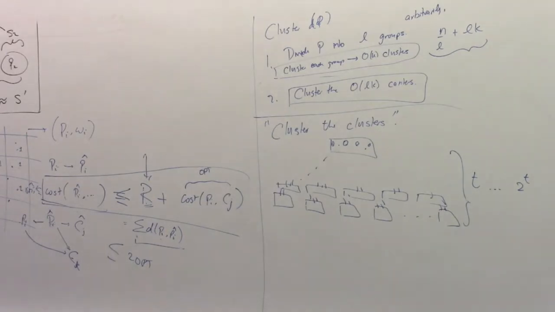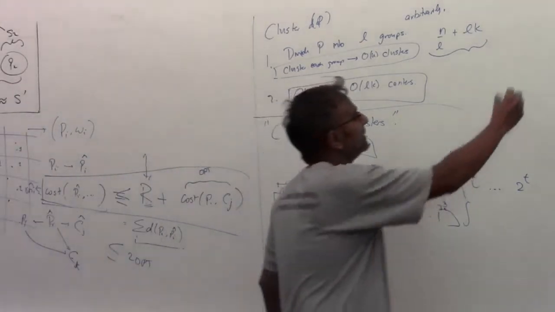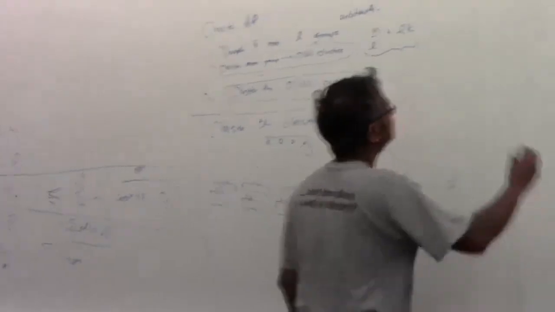Okay. So the final piece of the puzzle that gets us something that's actually interesting is to make a final observation. So suppose you want to do this as a stream.